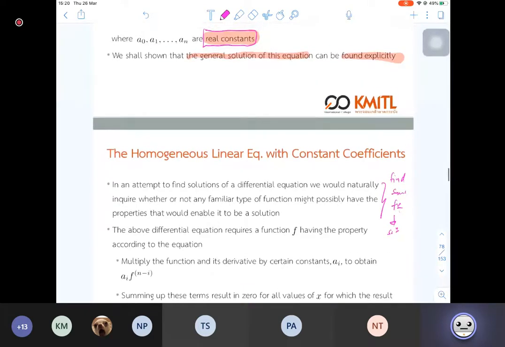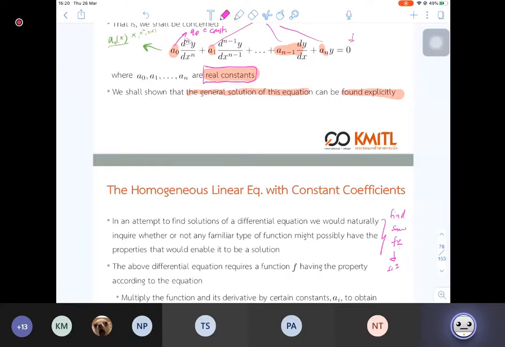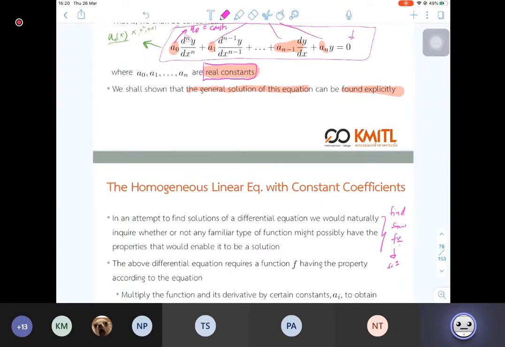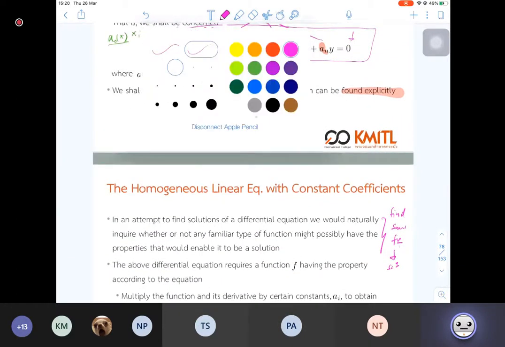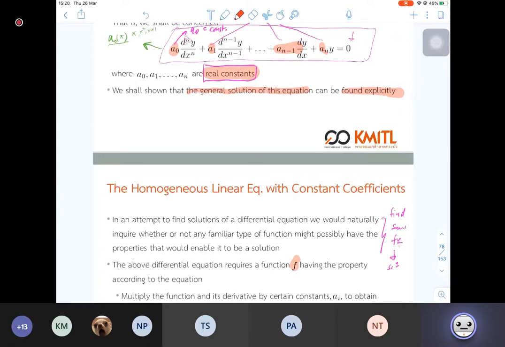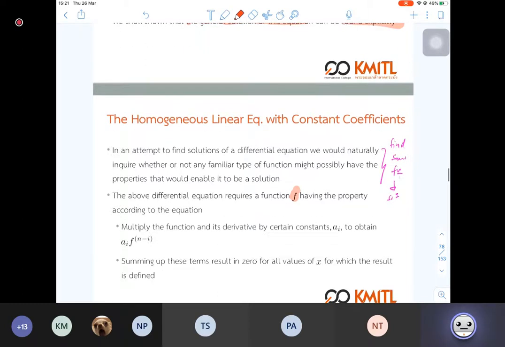So for these differential equations, it's order n, and you have constant coefficients. If you have f as a solution, your f should have the following properties. First, you multiply the function and its derivatives by certain constants, and then you get a constant times the derivative of f.